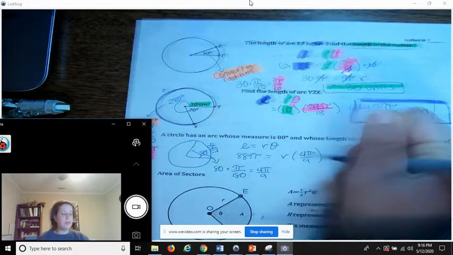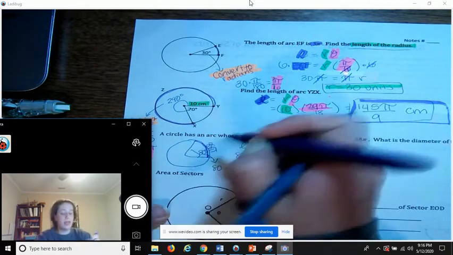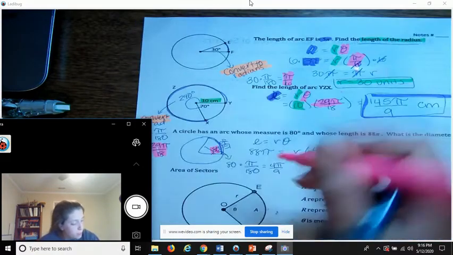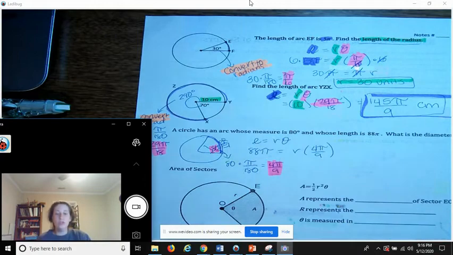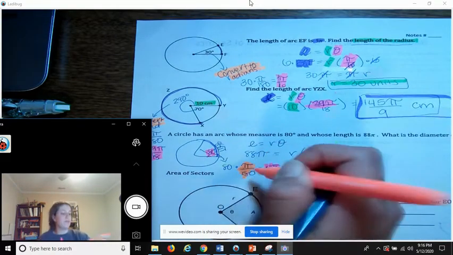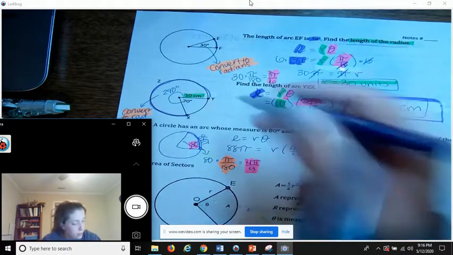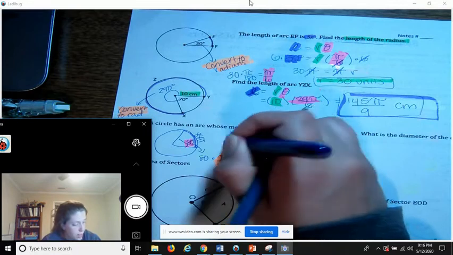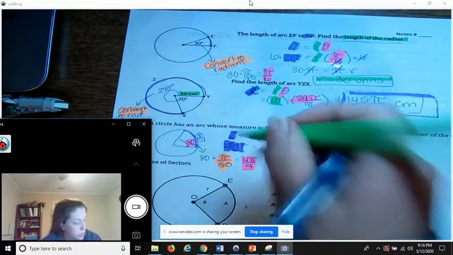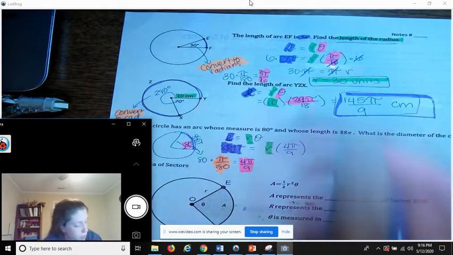Let me do some coloring. We're given the arc length, and we're given this angle measurement, which we converted to radians using our orange formula, or conversion factor. Arc length was given. Radius is what we're looking for, and theta was given right here.